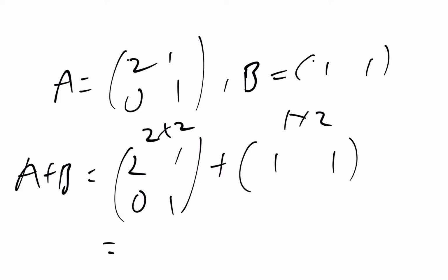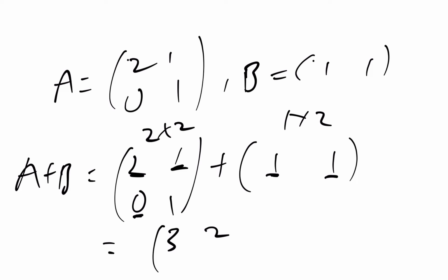This value, the 2, is found in row 1, column 1. Even this 1 is also found in row 1, column 1. Then we say 2 plus 1, you get 3. Then 1 plus 1, you get 2. How about this 0? 0 is found in row 2, column 1.